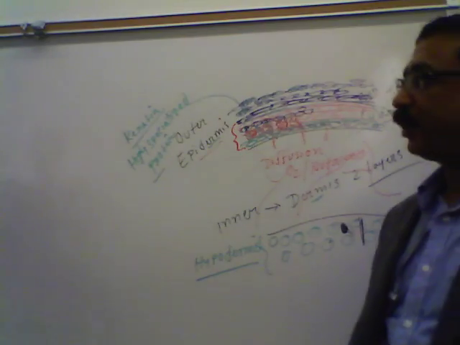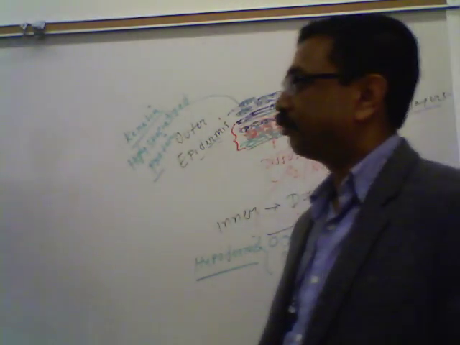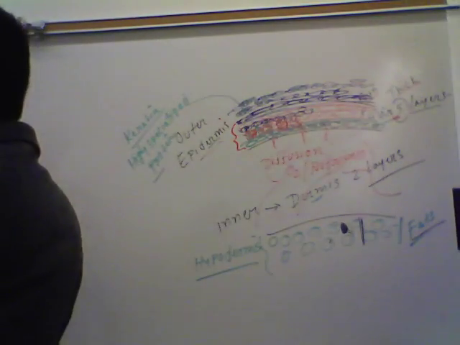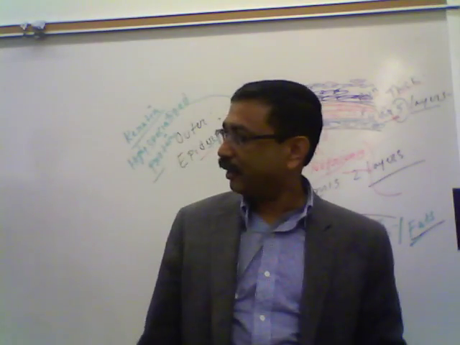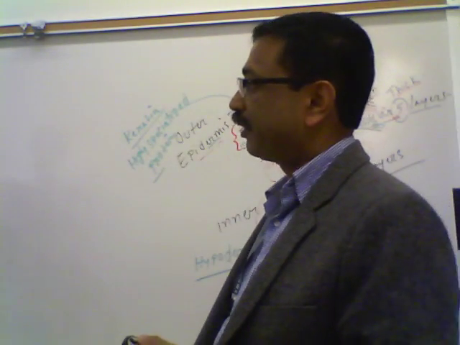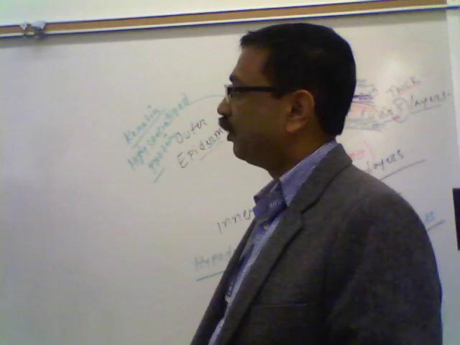Another important difference is that in thick skin the stratum corneum is very thick, many layers of squamous cells. In thin skin the corneum is much thinner. Here you see the layers that I have explained, so you can now go over them.